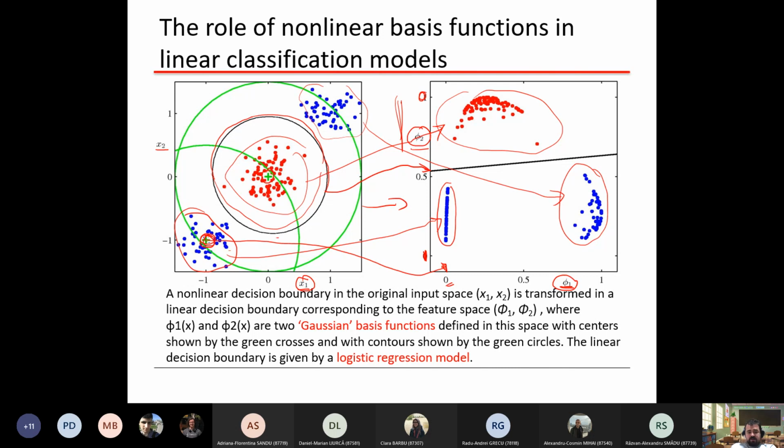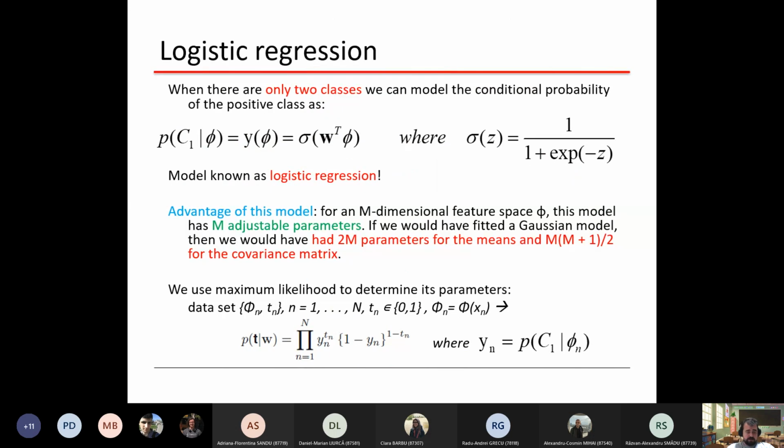Now, the linear decision boundary is given by a logistic regression model because we have only 2 classes, and we'll talk about this logistic regression. When there are only 2 classes, we can model the conditional probability of the positive class in this way: P of C1 given phi, where phi are the basis functions, equals y of phi, meaning the sigmoid of w transposed multiplied by phi.